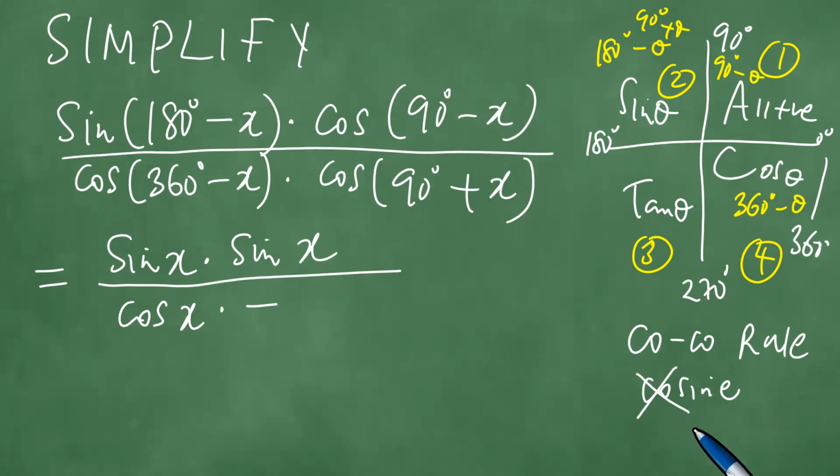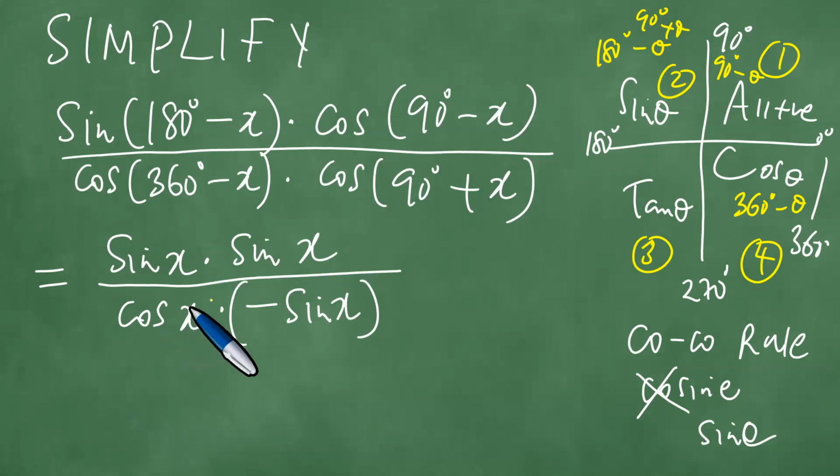Because it's 90 degrees, you must remove the co and you are left with the sine. But 90 plus is in the second quadrant where cosine is negative, so negative sine. Okay, let's check what we're getting here.